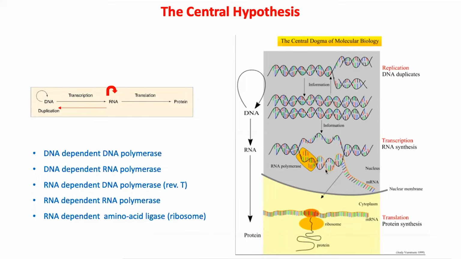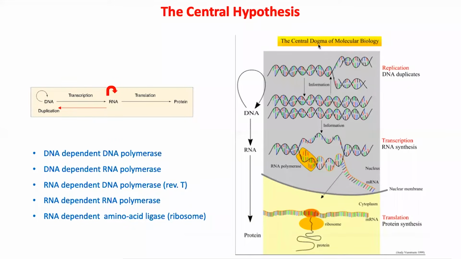Now, these molecular machines, for example, for DNA replication, is DNA-dependent DNA polymerase. So I'm giving it its full name rather than the short form which most of us use, which is DNA polymerase. Then there is a DNA-dependent RNA polymerase, which is basically doing the job of transcribing, which is making a copy of DNA on the genome to an RNA intermediate.